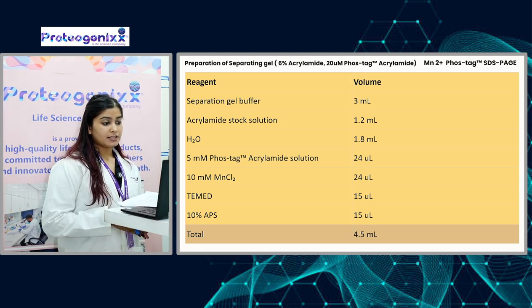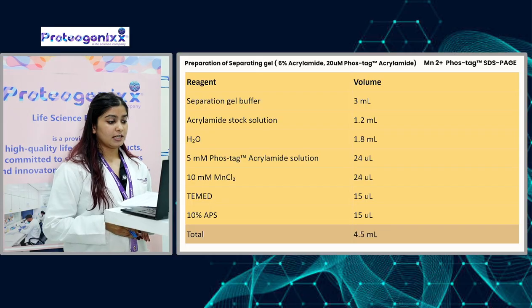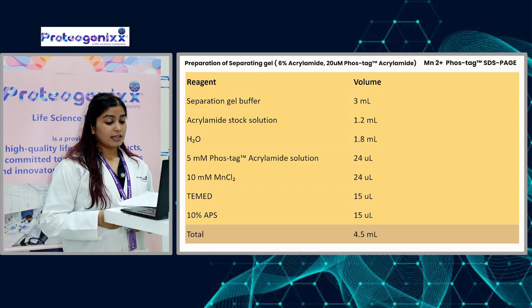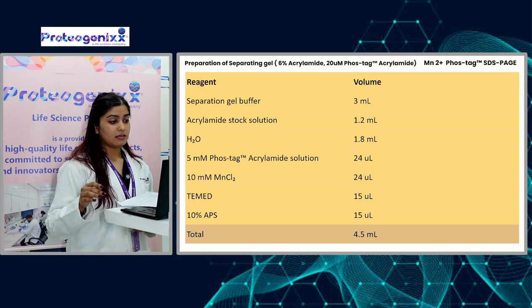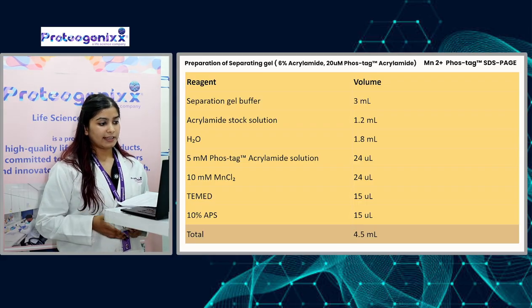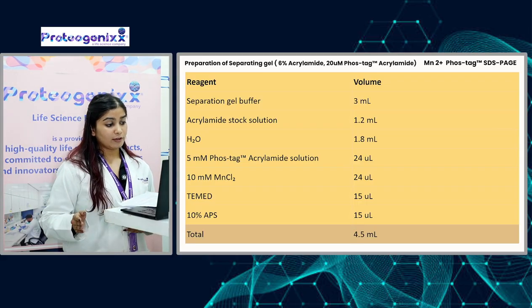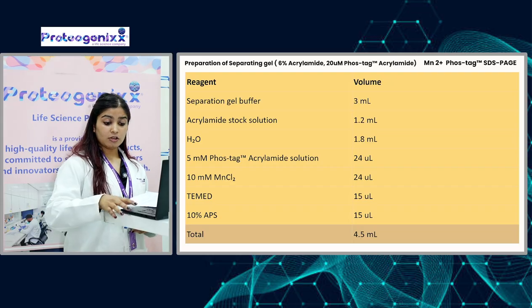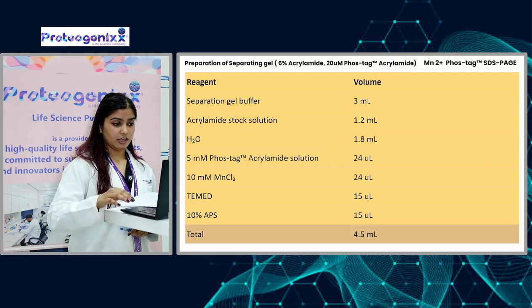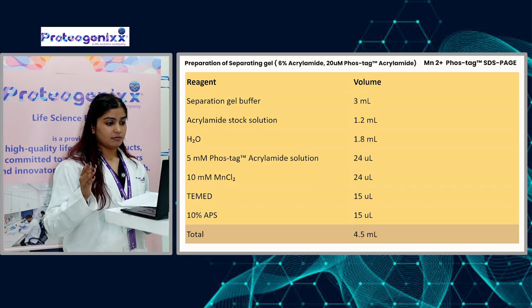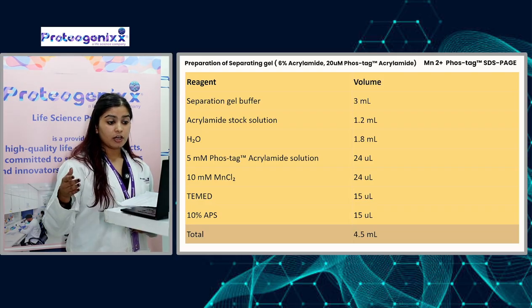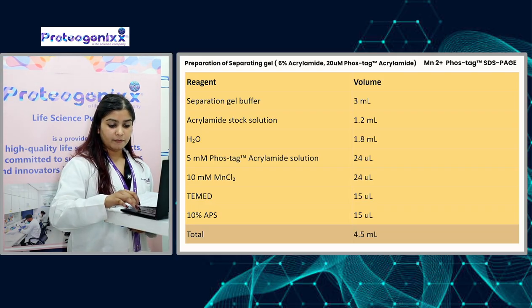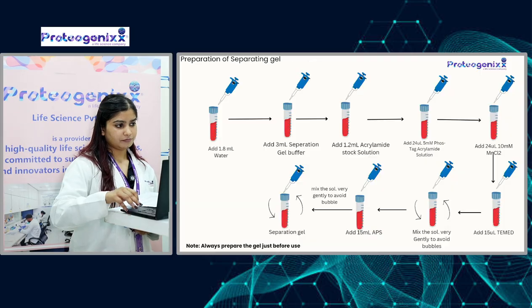Then 10% APS for polymerization and TEMED as the catalyst are added. It is very important to optimize and check the acrylamide concentration and also the divalent metal ion reagent before making your gel, according to the molecular weight of your target protein.